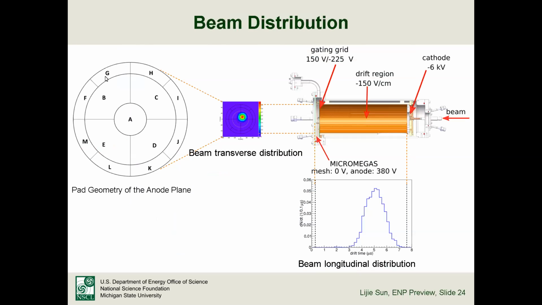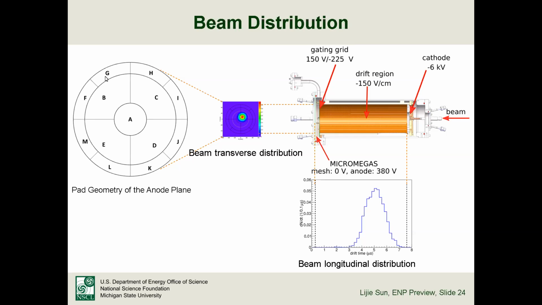In the silicon-25 experiment, we collected data for about 9.5 hours, and a total of 3 × 10⁷ silicon-25 ions were implanted into the proton detector filled with the P10 gas mixture under pulsed beam mode.